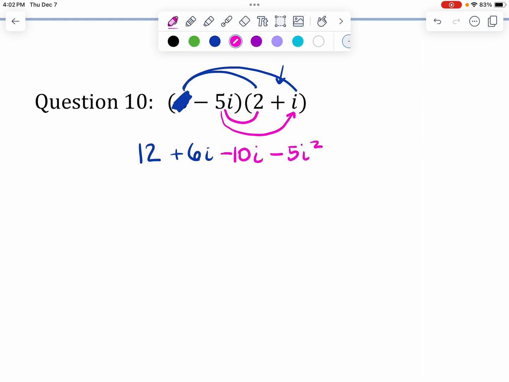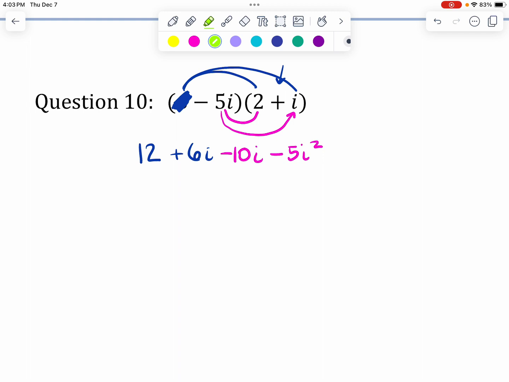And then I'm looking to fix any problems that are left. There's two types of problems I have an issue with. Like terms that are not combined. The fact that both of these are still there, I have a problem with. It's just like having x's all over the place. I wouldn't want that. I would want just one set of them. So I'm going to fix that first.